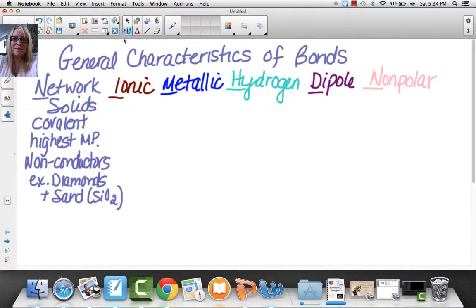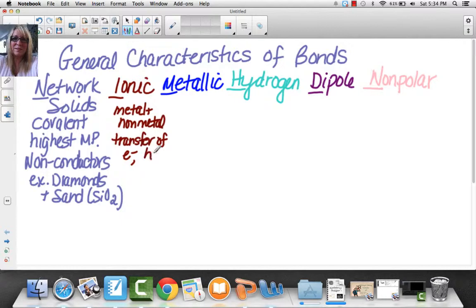Moving on to ionic. Ionic compounds are between a metal and nonmetal. There is a transfer of electrons. And you should know that the transfer is from the metal to the nonmetal.